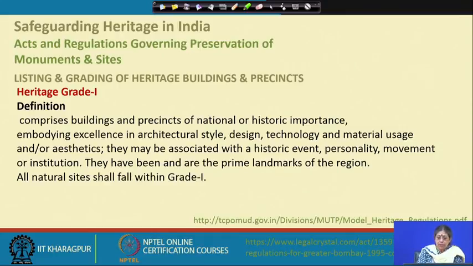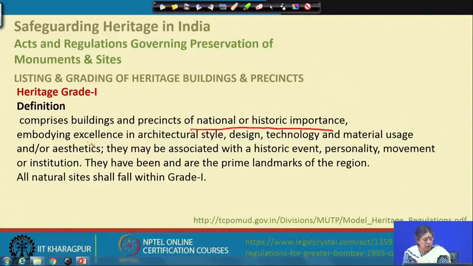It comprises buildings and precincts of national or historic importance, embodying excellence in architectural style, design, technology, material use and or aesthetics. They may be associated with a historic event, personality, movement or institution. They have been and are the prime landmarks of the region. All natural sites shall also fall within grade 1.